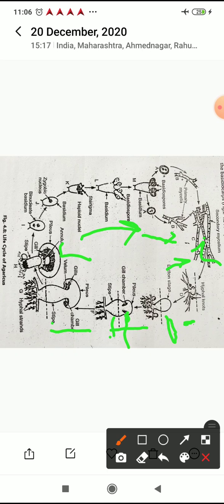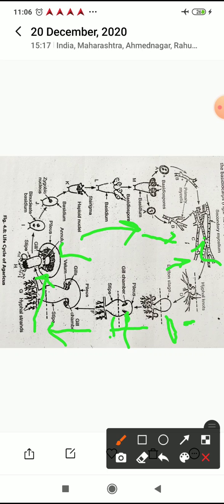Further development of this button stage produces the mature basidiocarp. So you can go through this figure, and I think you might have come to know how the life cycle of this edible button mushroom takes place.